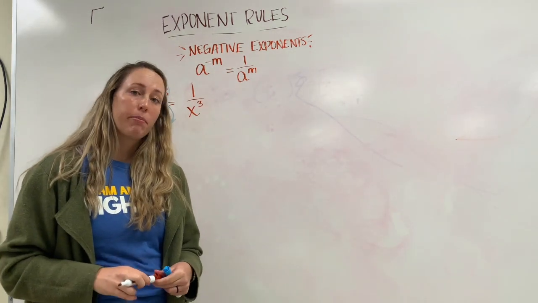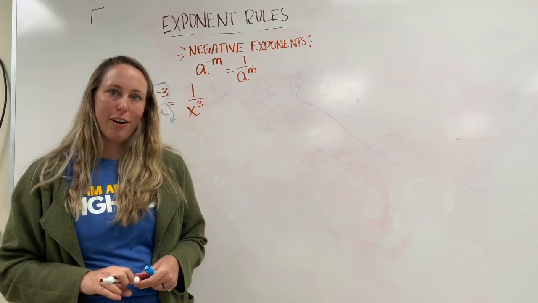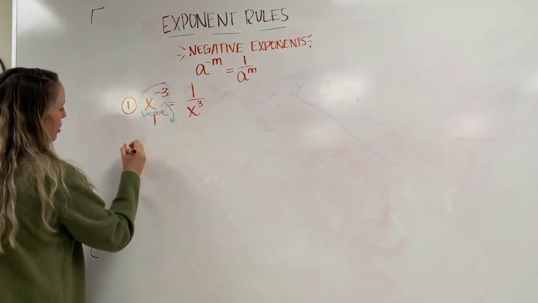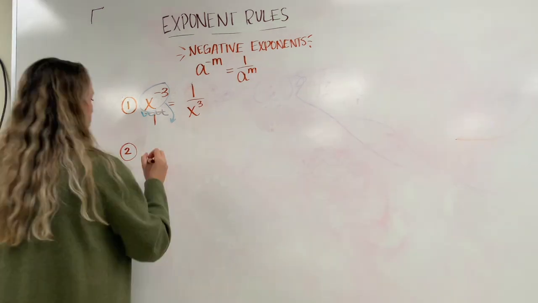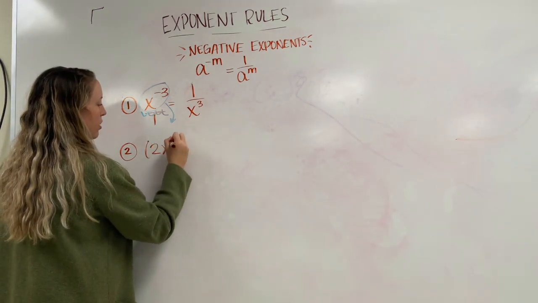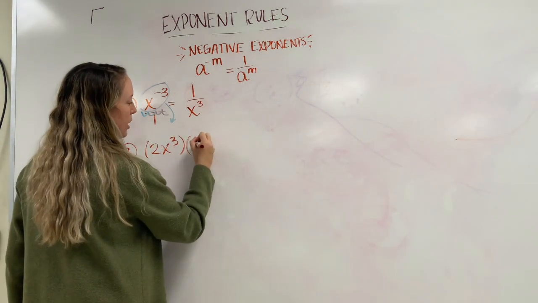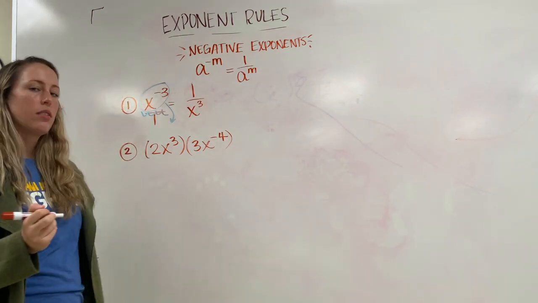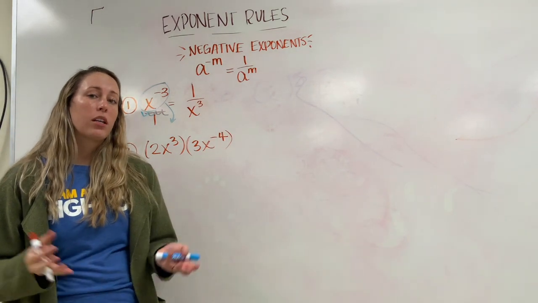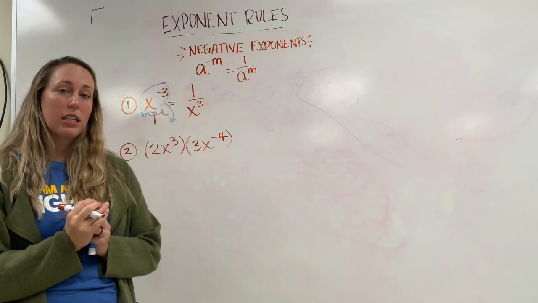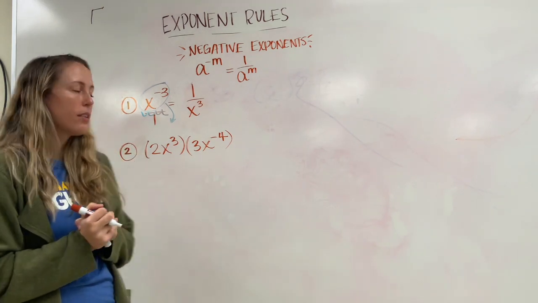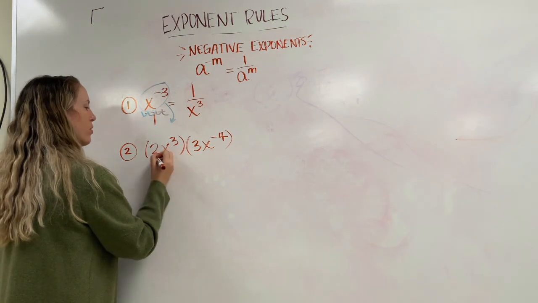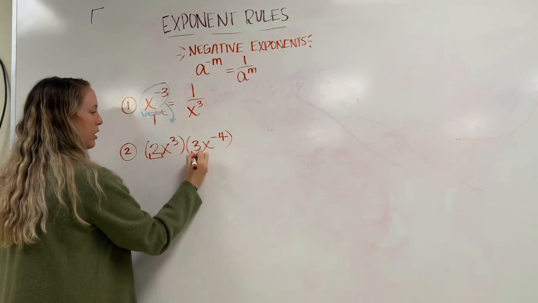Now we're going to start combining some of the rules that we've learned so far. So for number 2, we've got 2x cubed times 3x to the negative 4. Okay, so just like you guys remember, we are going to multiply these two things together to simplify. So we are going to multiply the 2 and the 3.